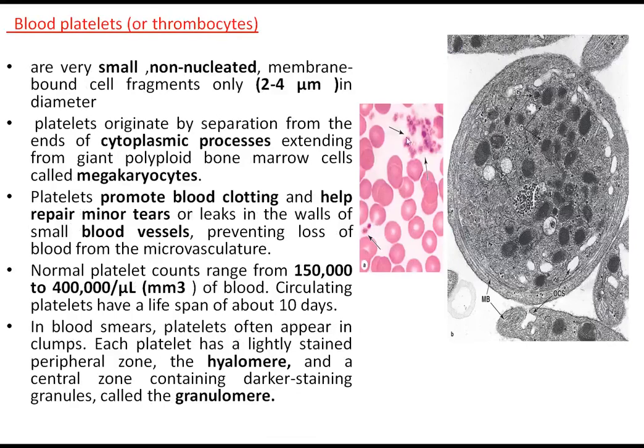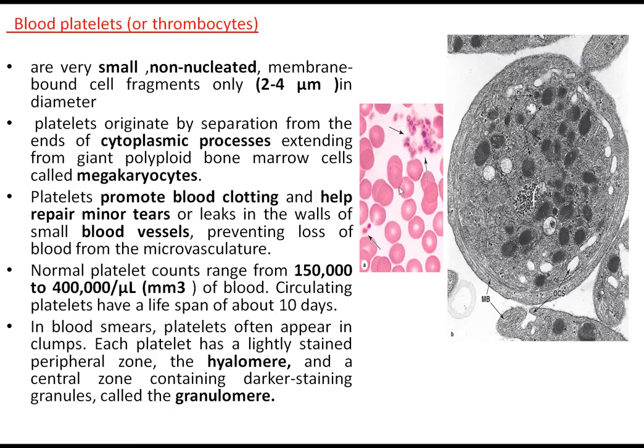Finally, the platelets. This is a clump of aggregated platelets, 2 to 4 micrometers in diameter. They are non-nucleated; there is no nucleus. Platelets originate from the separation of the ends of cytoplasmic processes extending from a giant polyploid bone marrow cell, the megakaryocyte.